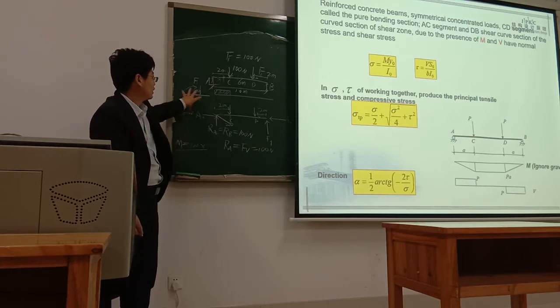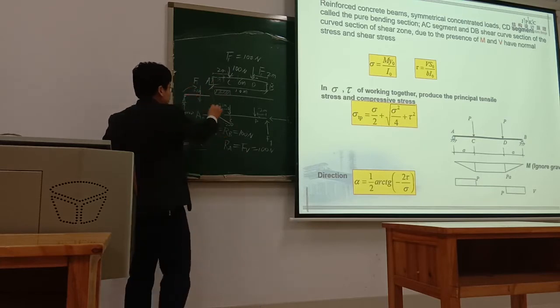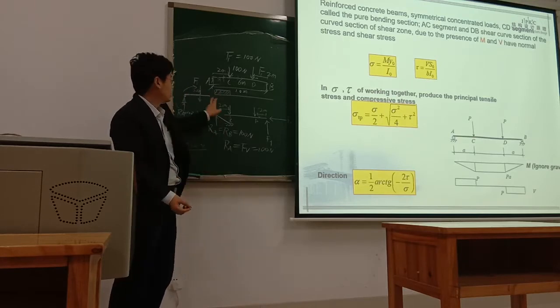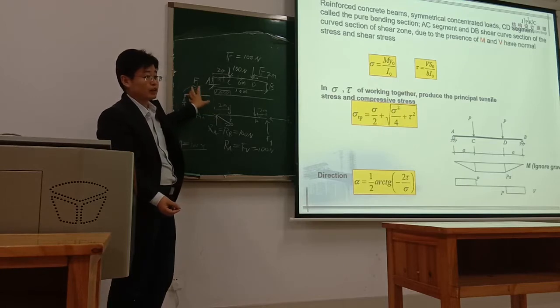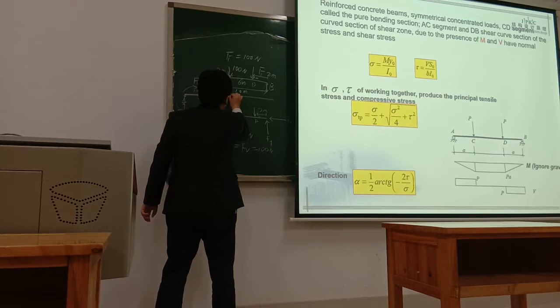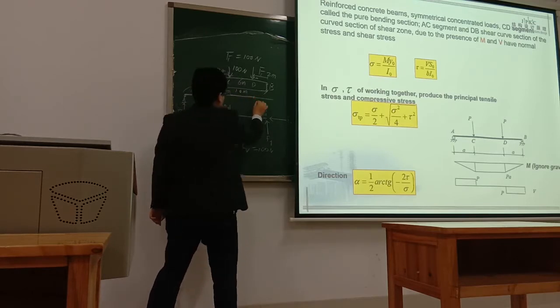These two forces keep the balance, so at this section you don't need any shear force. If you generated shear force, the structure could not keep balance. So the shear force in the CD section is 0.